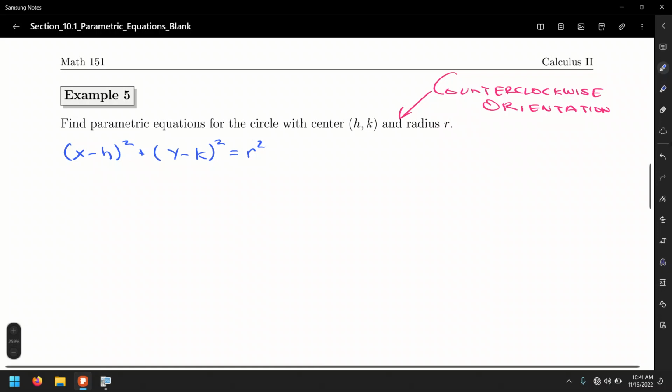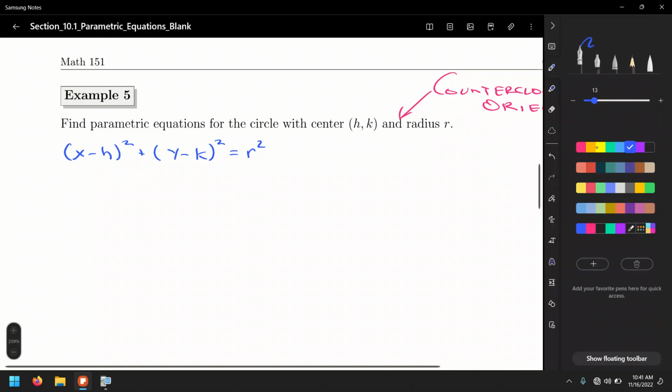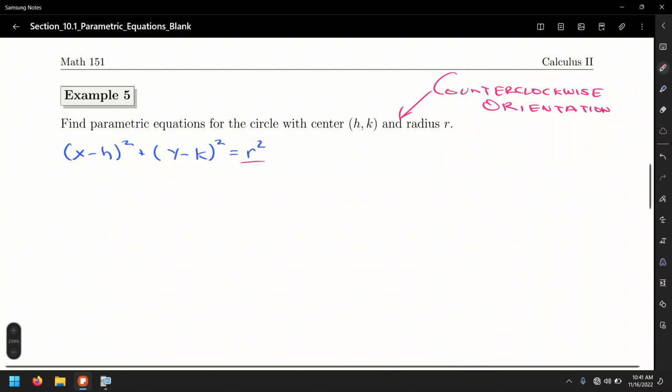The number one thing we want to do in this case is divide both sides by r squared, because we want a 1 on the right hand side, since we will relate this equation to the Pythagorean identity, sine squared plus cosine squared, or the reverse. So that's the trick.